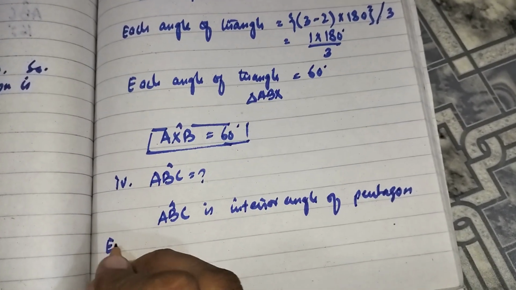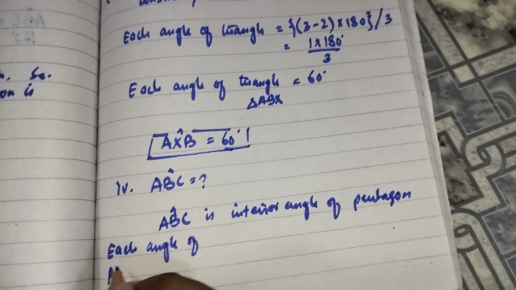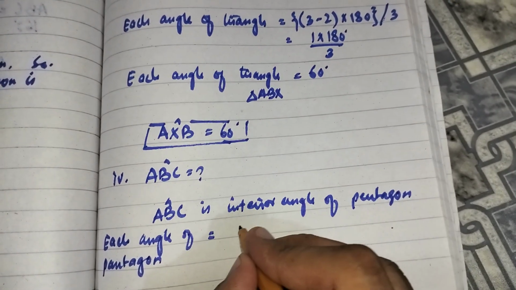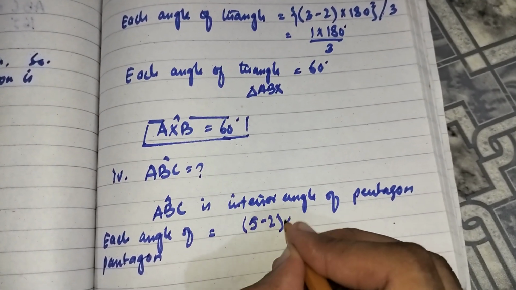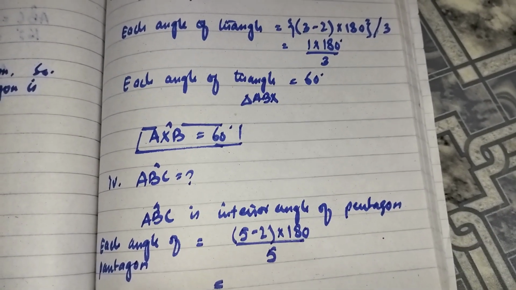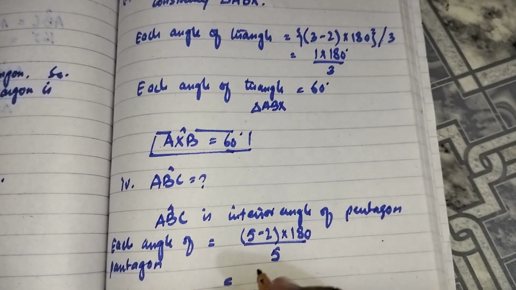So each angle of a pentagon is equal to (5 minus 2) multiplied by 180 divided by 5. So it will be equal to 3 multiplied by 180 divided by 5, which is 108 degrees.